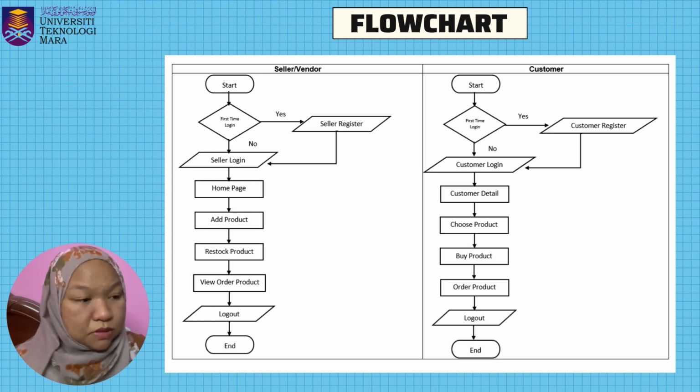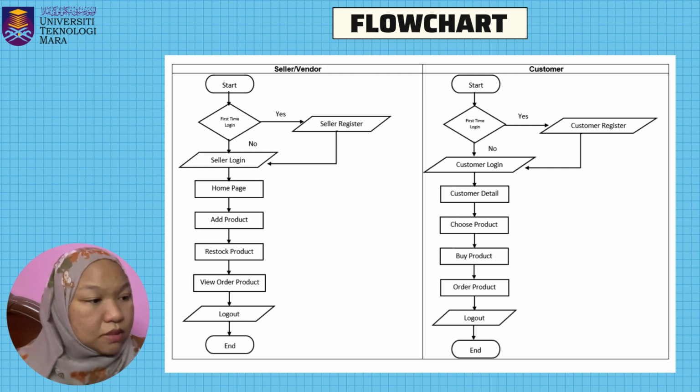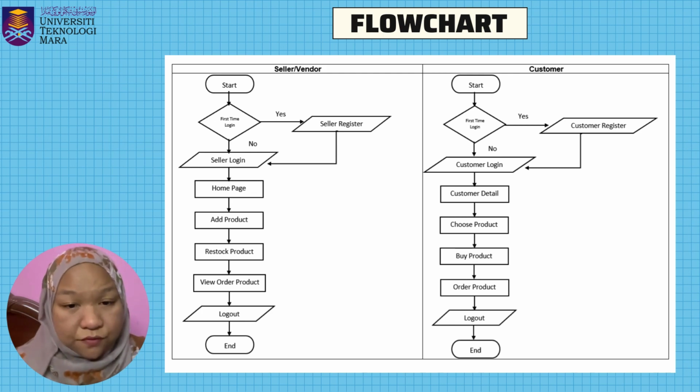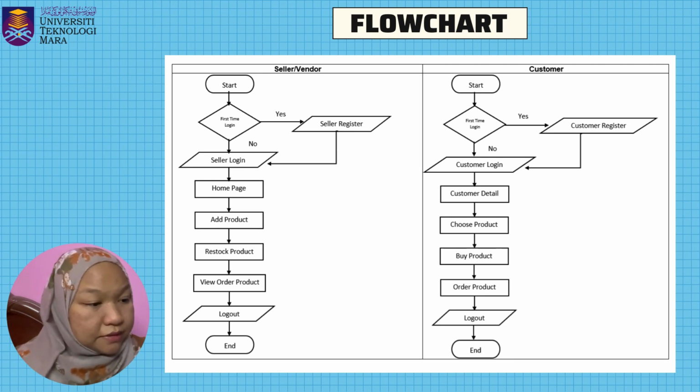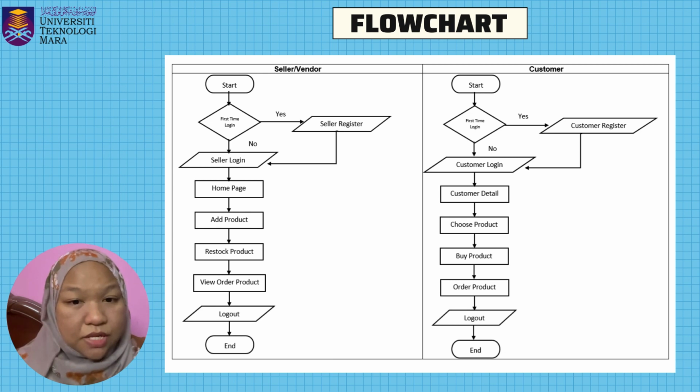For the customer, same as the seller, they must register first when the customer doesn't have an account. When they complete the registration, the customer can go to customer detail to complete the information. Then they can choose the product they want to buy.